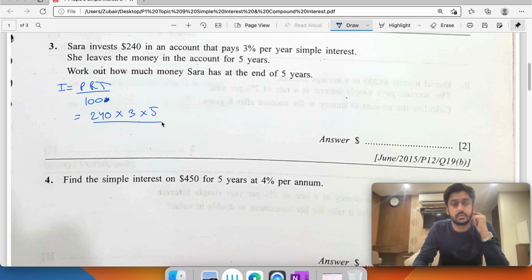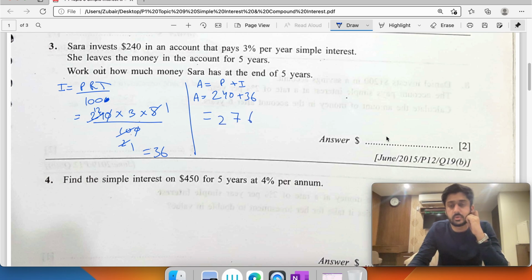She left it for 5 years, by 100. 5 1 times, 5 2 times, 2 1 times, 2 12 times. So 12 3 times is 36. Now 36 is the amount of interest. 240 was already there. So the amount is now the principal plus interest. 36 is the interest. So you add them and you get 276 in the account.